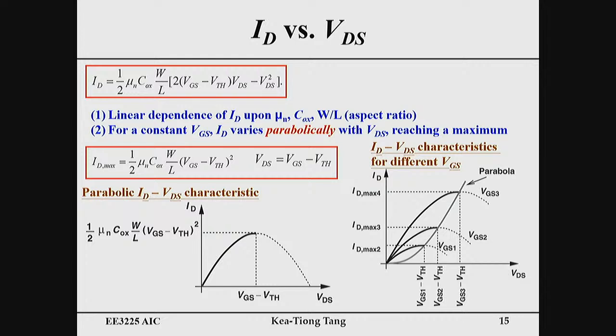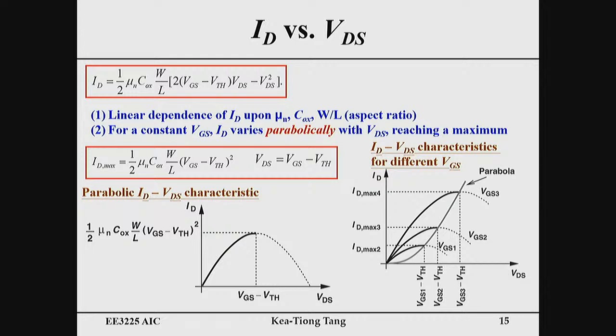Okay, so we just mentioned that the maximum drain current happens when VDS is equal to VGS minus VTH. So if we substitute VDS as VGS minus VTH into this formula, it will result in the maximum current equal to this.